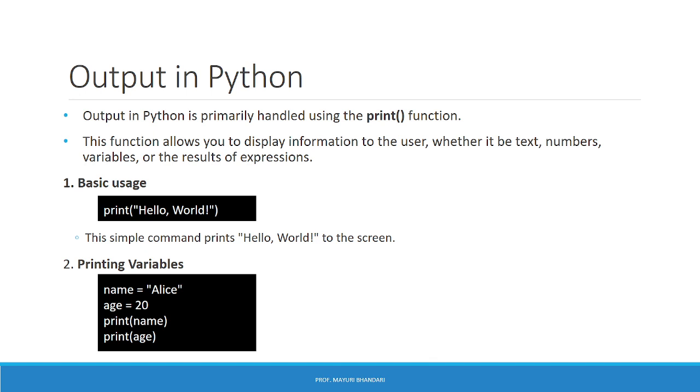ओके, सो ये प्रीवियसली जो हमने देखा, इसमें ये जो सेकंड नंबर का है प्रिंटिंग वेरिएबल्स, उसमें कैसे प्रिंट होगा?